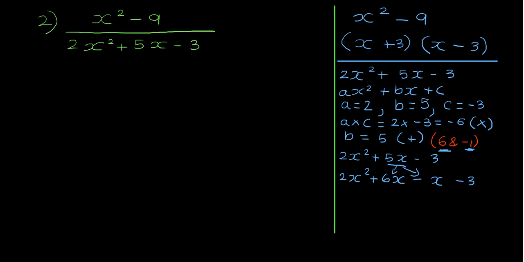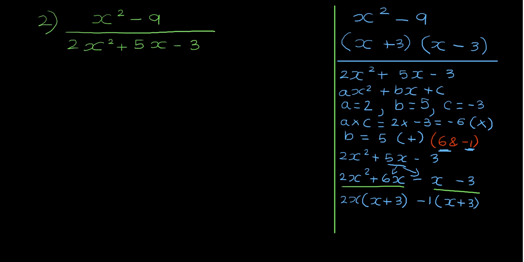Okay, what I'm going to do now is I'm going to factorize these two terms and these two terms separately. Over here, on the left hand side, the highest common factor is 2x, and in brackets I'm going to have x plus 3 when I try and factorize this. And on the right hand side, both of them have a highest common factor of minus 1, and in brackets I'm going to have again x plus 3.